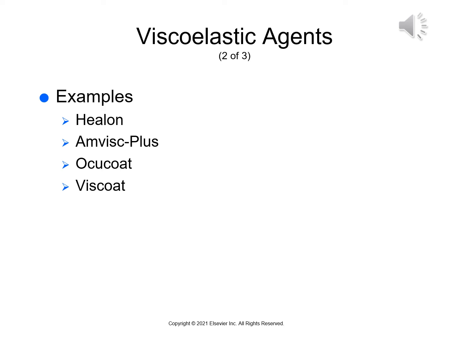For example, the DuoVisc viscoelastic system combines two viscoelastic materials, Viscoat and Provisc, into a single system to be used during a cataract procedure. Another OVD available is 1.4% sodium hyaluronate, Morvisc or hyaluron.